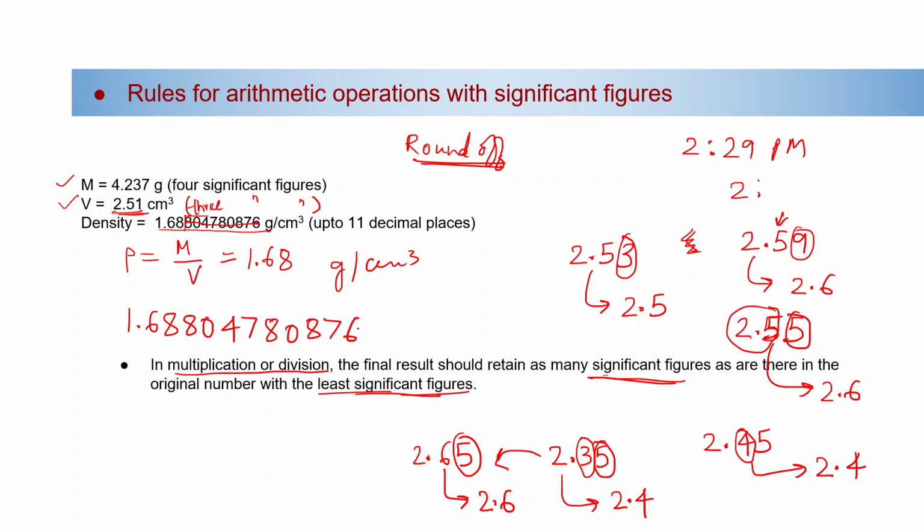We can do it directly also, but just to explain, if you look at this, it's 6, so more than 5, so the 7 will increase and make it 8. Now 8 is again more than 5, so it will change this to 9. Then 9 is more than 5, so it will change 0 to 1. Now 1 is less than 5, so this 8 will remain as it is.